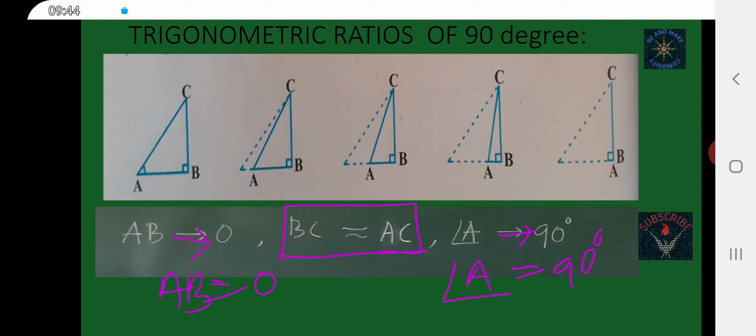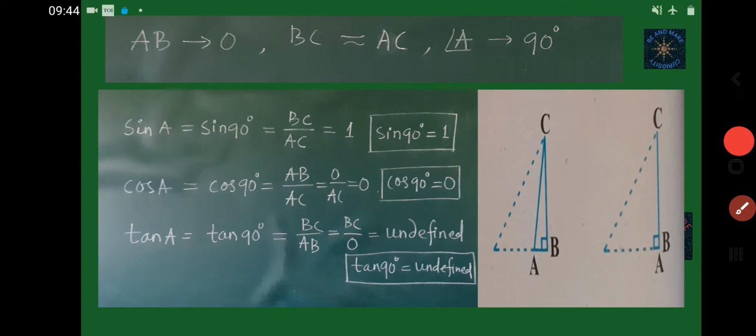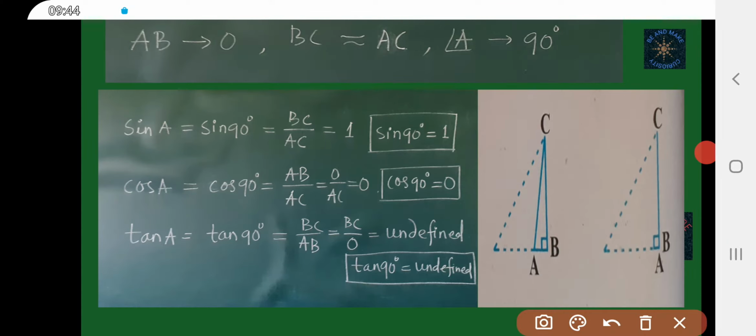Then you know that in right angle triangle ABC, sin theta is P by H. So here sin A means sin A angle.